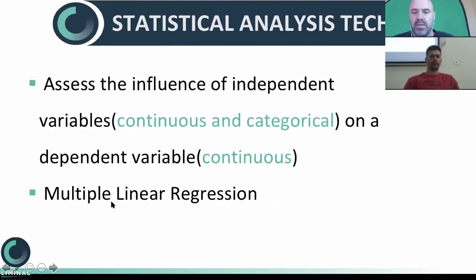Okay, regression. When in your research question you talk about influence and you want to see the influence of some variables on another variable, then you can do multiple linear regression, for instance. So you can look at the influence of a lot of variables, continuous and categorical, on one dependent variable which is continuous.